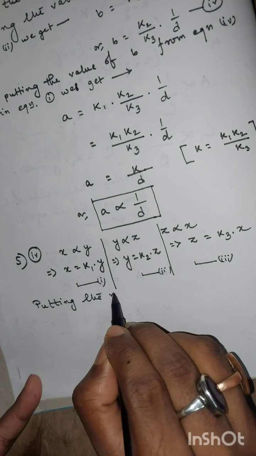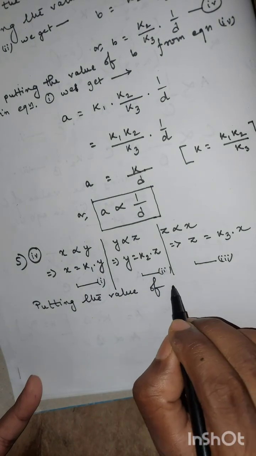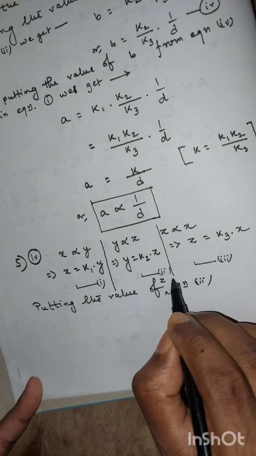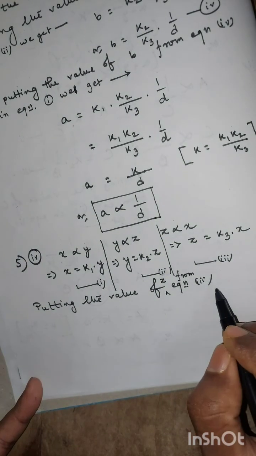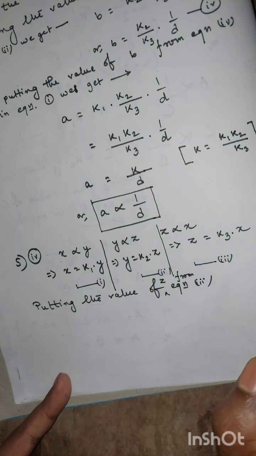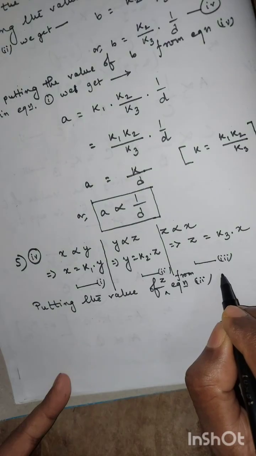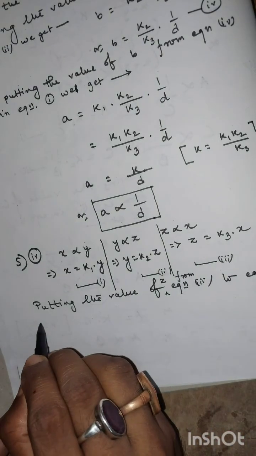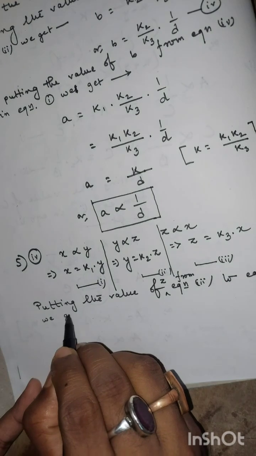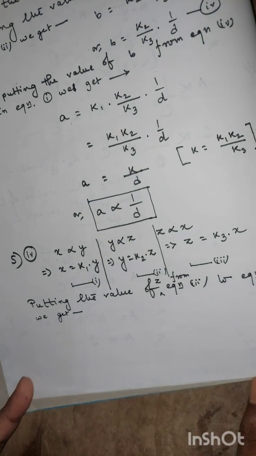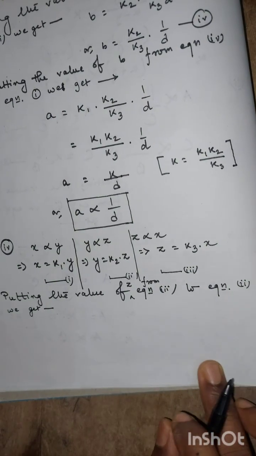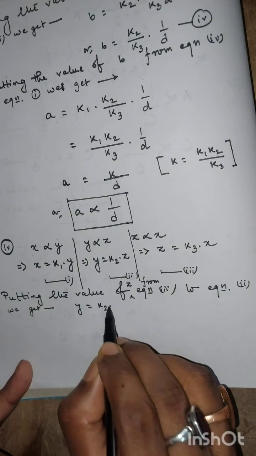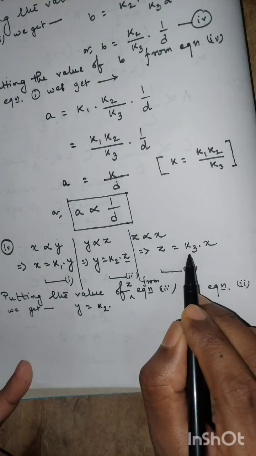Putting the value of z from equation 3 into equation number 2, we get y equal to k2 into, in place of z we can write k3x.